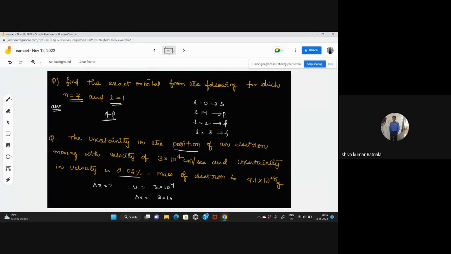That means 3 into 10 to the power of 4 into 2 by 100. That means 6 into 10 to the power of 2. Okay, 6 into 10 to the power of 2 will be the delta v. Okay, so it is 0.02, no? Sorry.